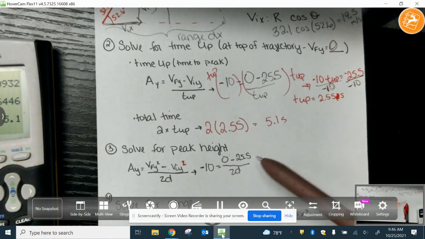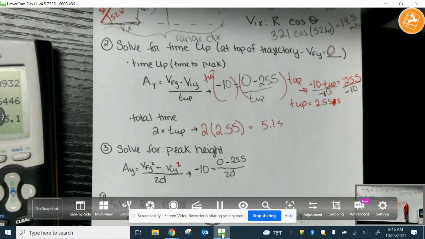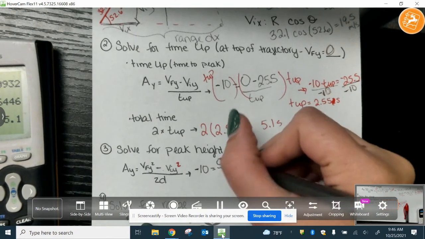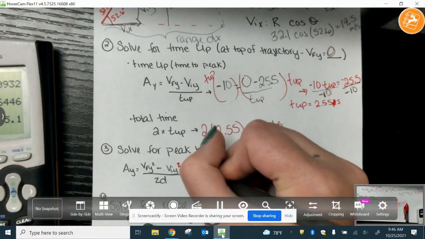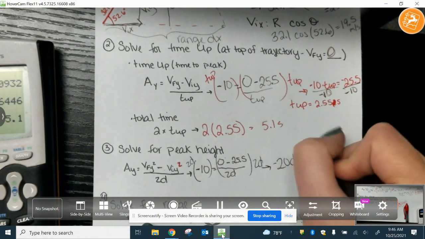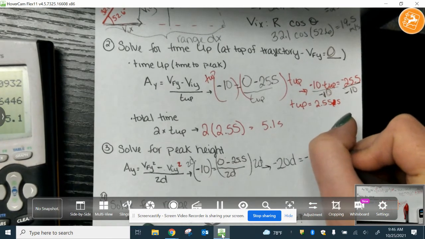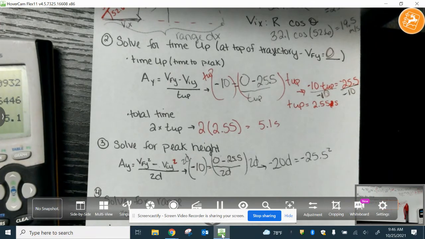I'm still using the initial velocity that we found. I want to get 2D off the bottom because nobody likes fractions. I'm going to multiply both sides by 2D. And I'm going to get -20D equals -25.5 squared.